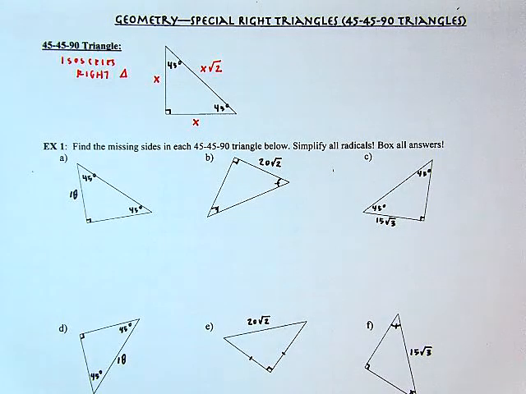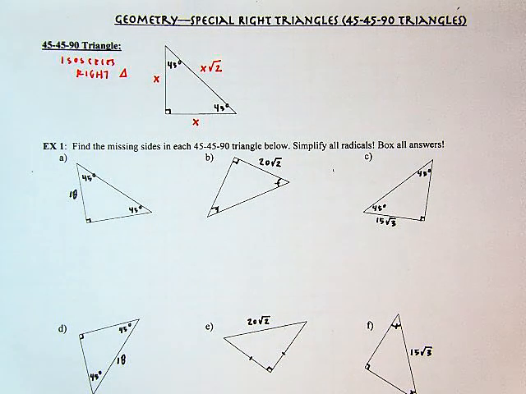So this pattern will always hold because any 45-45-90 triangle is going to be similar to any other 45-45-90 triangle. That means we can scale it up or shrink it down, but our corresponding angles will be congruent. The sides will be proportional, so in the same ratio.